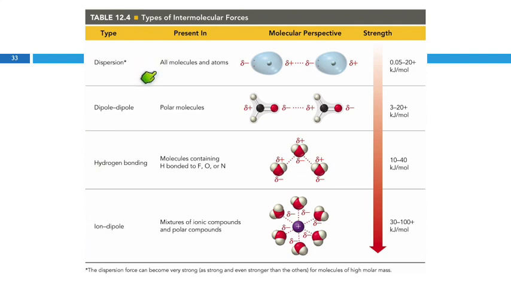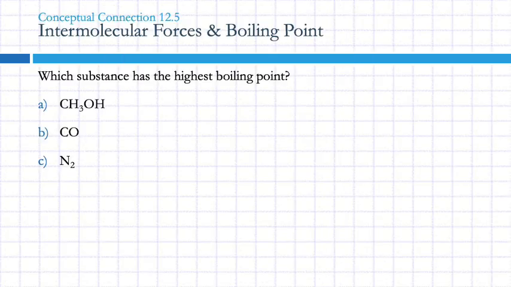And these are the types of molecules that have these different interactions. So of these, which substance has the highest boiling point? Again, we're looking for strongest intermolecular forces. What's the strongest one that these could have?